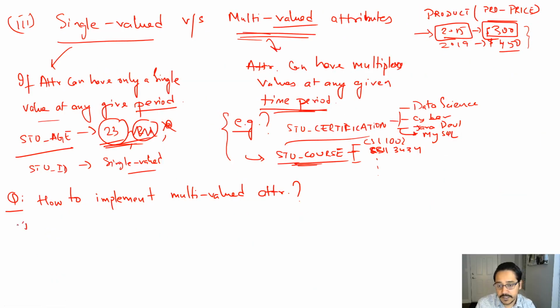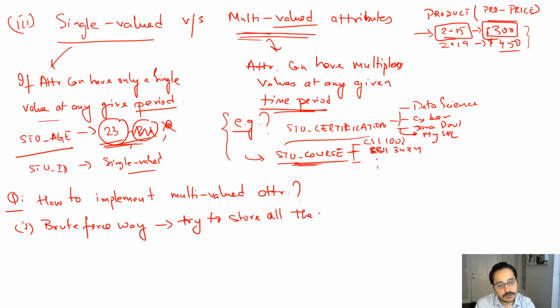So the first way, let's call it the brute force, is you can try to store all the values by expanding it. But this is creating a problem that we are very familiar with. It's going to create a problem of structural dependence.